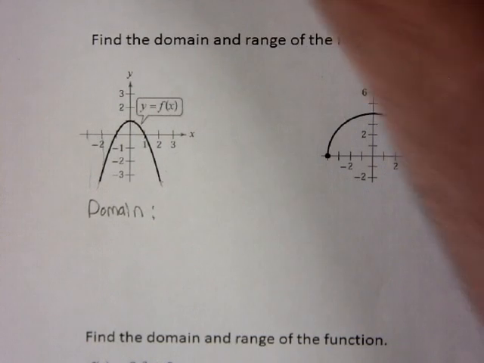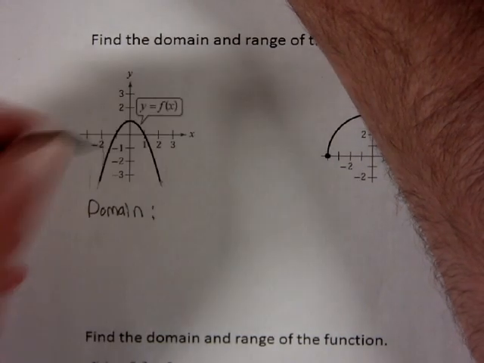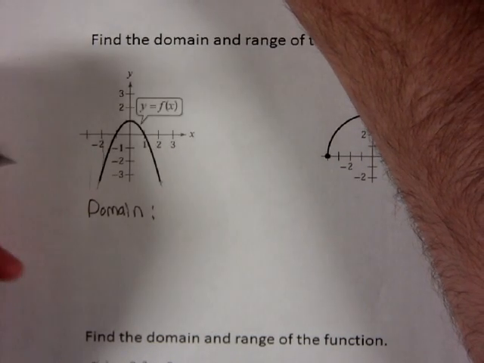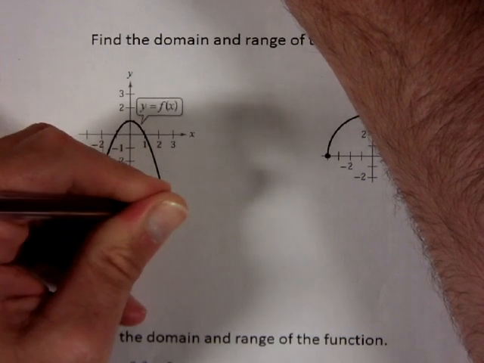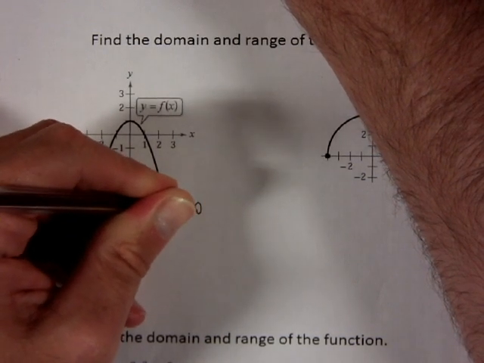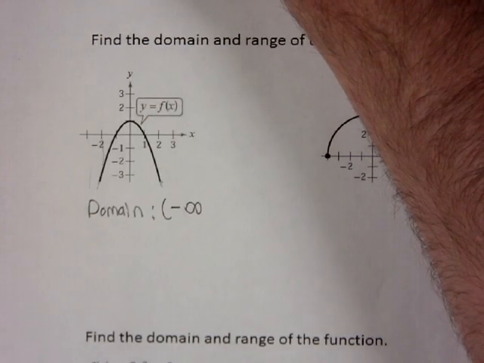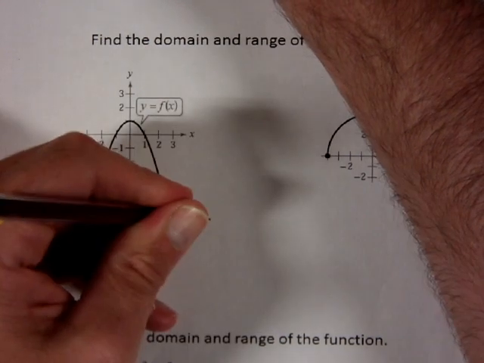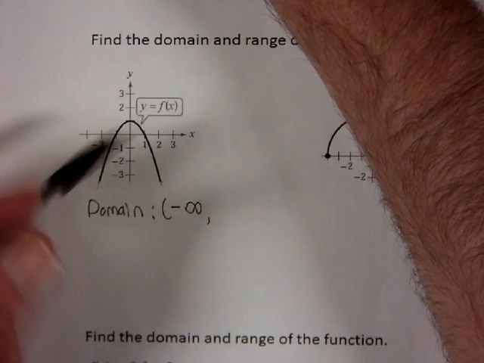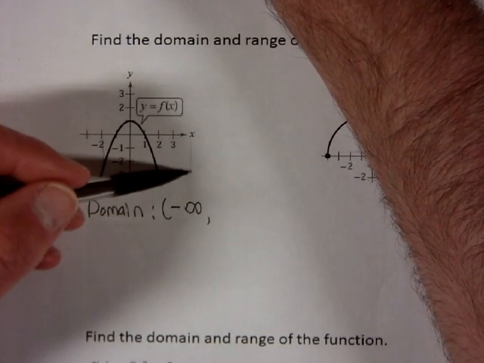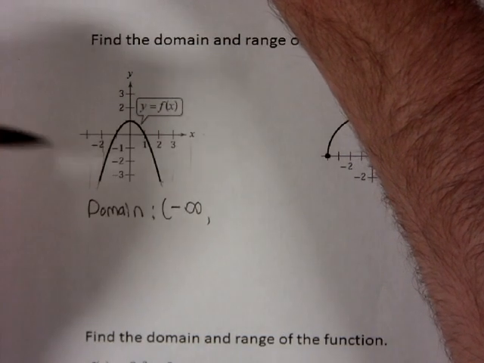And so really, the x values continue on the graph all the way to -infinity. So that's the lower bound of your domain. Now, how high does it go on the x-axis? Does it stop at 3? No. 4, 10, 20, 100? Same idea.